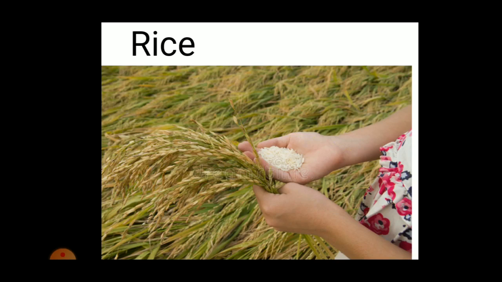Next one, rice. Rice is a type of grass. It is produced worldwide after sugarcane and maize. A large part of the world's human population, especially people in Asia, have this as their main food. 90% of the world's rice production is in Asia.